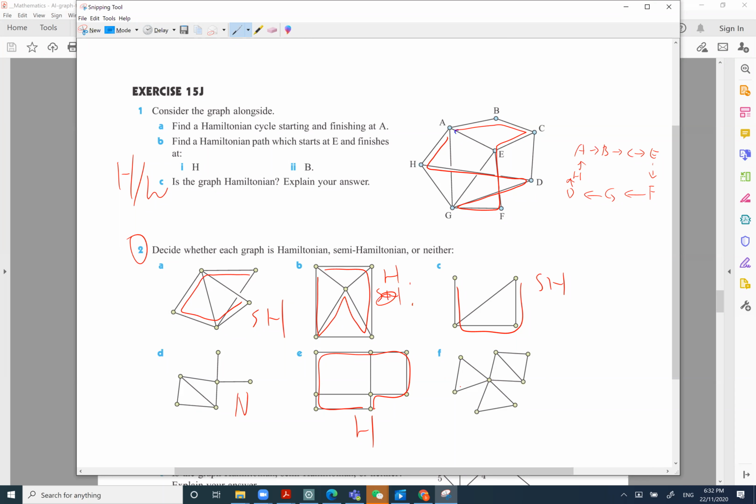Okay, how about the last one? Last one, neither. Okay, this is neither. You cannot find Hamilton or semi-Hamilton.